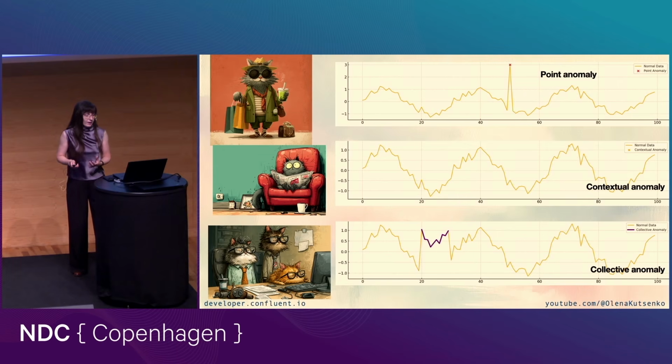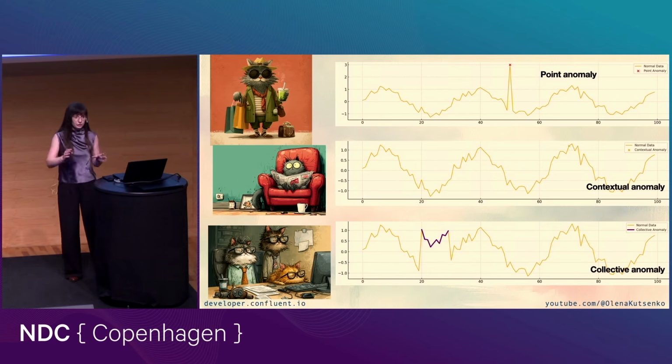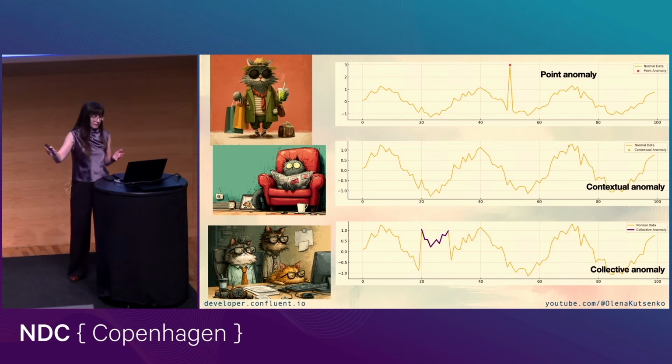So, for example, if you have point anomalies, if you suspect isolated outliers, maybe a simple statistical threshold or unsupervised outlier models will be more efficient and will give you very, very fast feedback.